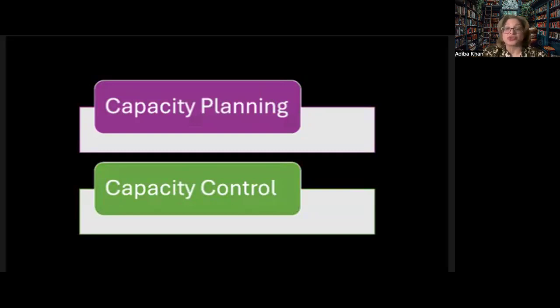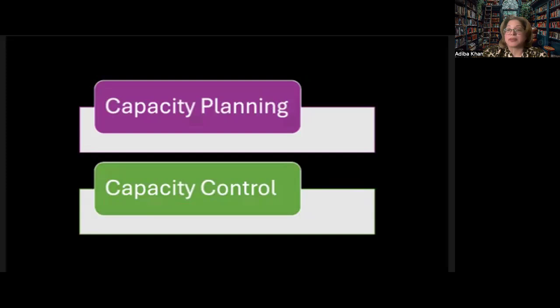While capacity control is where you're actively managing current resource utilization so that you can ensure efficient operations based on that real time demand fluctuation. So, in a nutshell, capacity planning is about preparing for the future. Capacity control is about managing the present moment.